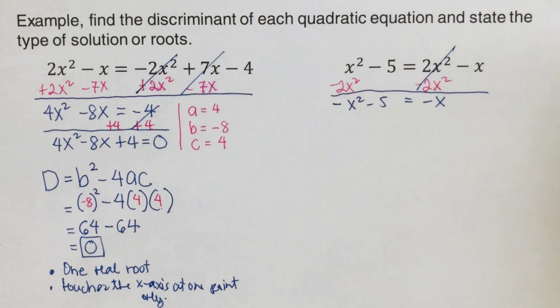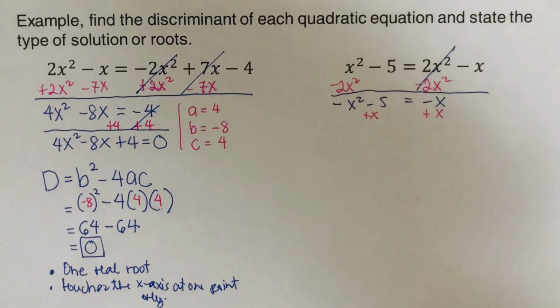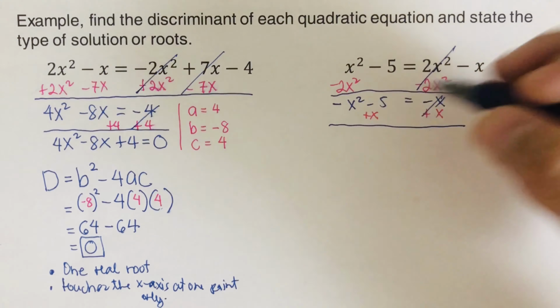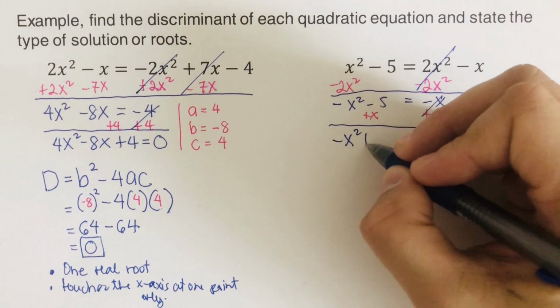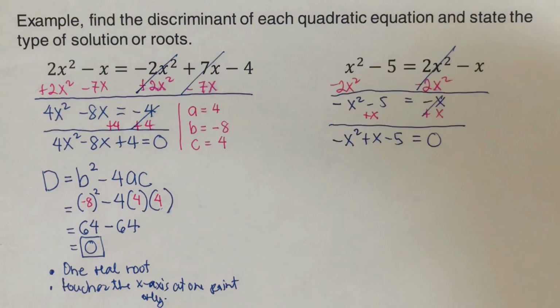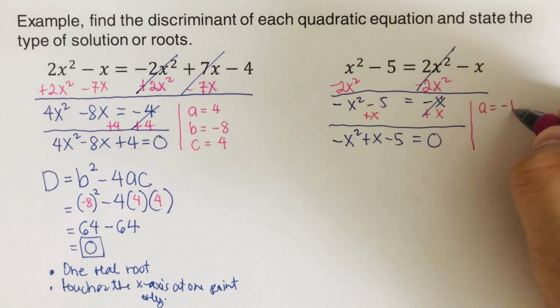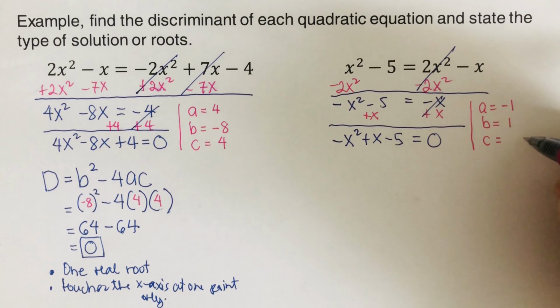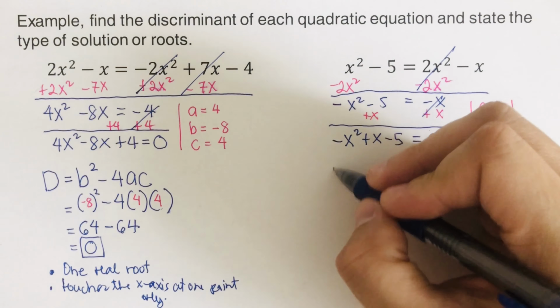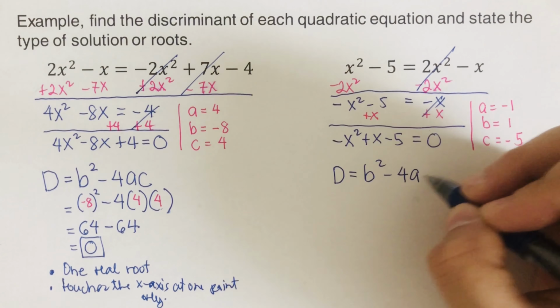I'm going to add x to both sides, so this becomes 0 on this side. So negative x squared plus x minus 5 equals 0. From here, we can tell that our a is negative 1, our b is 1, and our c is negative 5. And so we use the formula for discriminant, that is b squared minus 4ac.